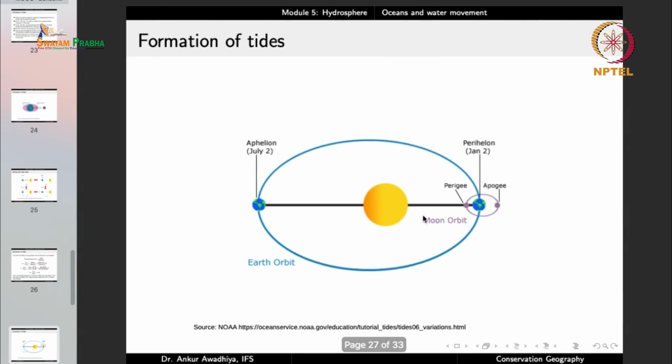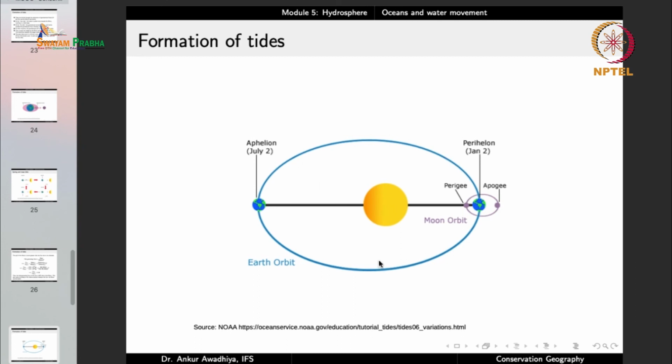So in this case, when we look at the orbits, they are elliptical orbits, and if we consider the orbit of the moon around the earth, we have a point which is known as perigee, where the moon is closest to the earth, and we have a point known as apogee, where the moon is at the greatest distance from the earth.